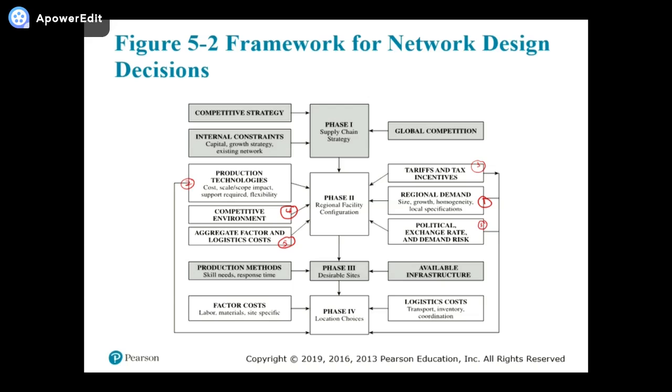So phase 2 basically defines an overall regional configuration of the network. And then phase 3 delves a little further and examines which are the potential sites to choose from.